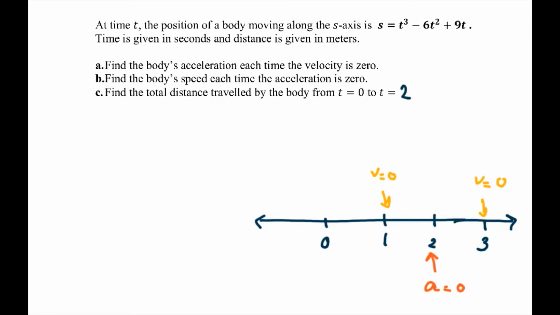Now, what happened? I need to find the distance traveled from t equals 0, that's my starting point, all the way to t equals 2. I need to go through this. I need to find this first and this.